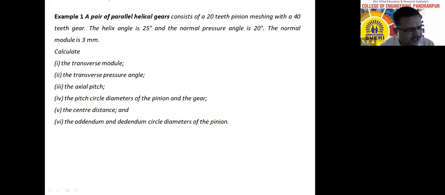Calculate, first you write down transverse module, then transverse pressure angle, that is alpha. Here you write down for your understanding.